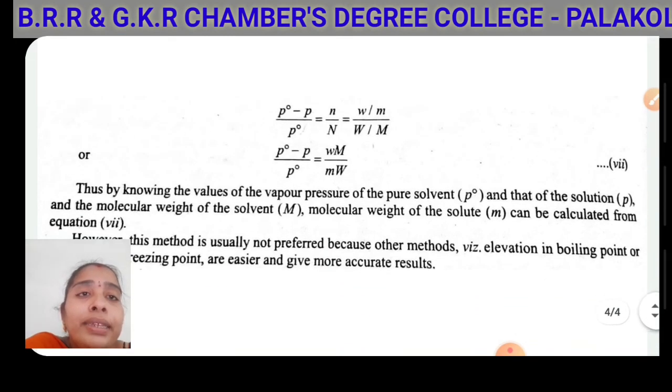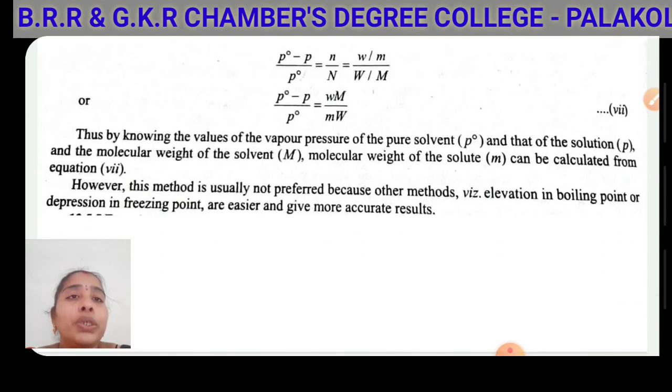Thus, by taking the vapor pressure of the pure solvent, that of the solution, and the molecular weight of the solvent M, the molecular weight of the solute m can be calculated from this equation.